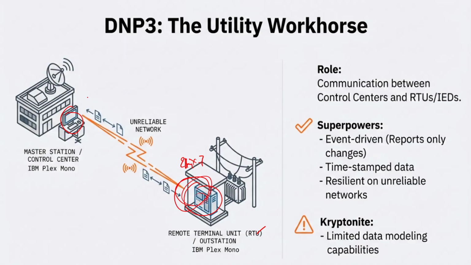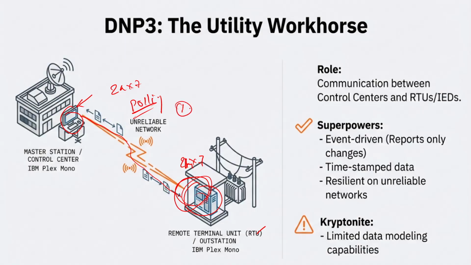And the master stations should receive the data 24 by 7, correct? So instead of polling the data every minute and every second, when I say polling, it is fetching the data from the field devices to the control station, right?